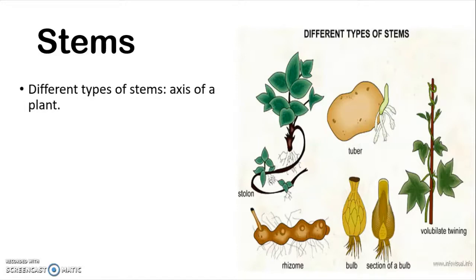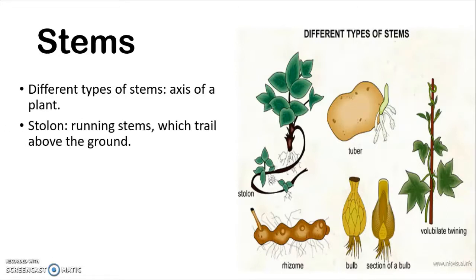Okay, different types of stems, axis of a plant. Number one, stolon, running stems which trail above the ground. As you can see, the first one, the green one, that is stolon, running stems which trail above the ground.